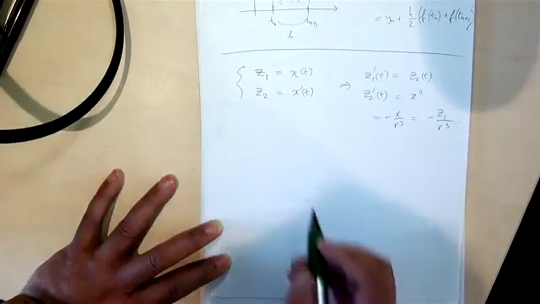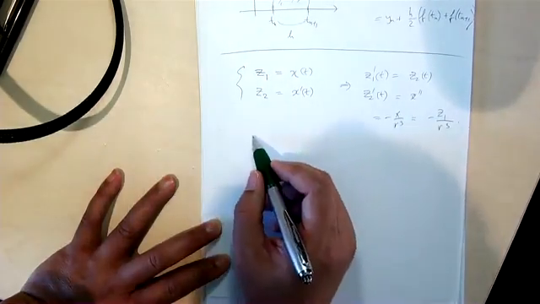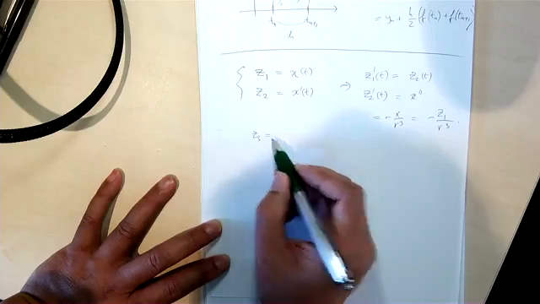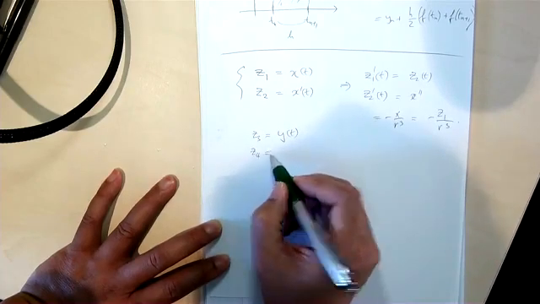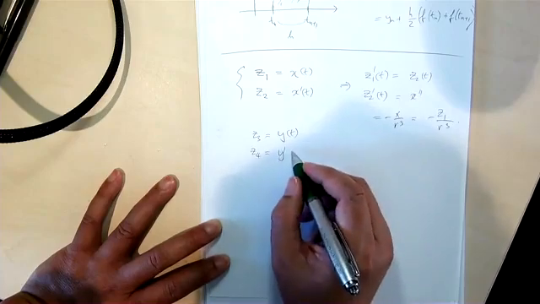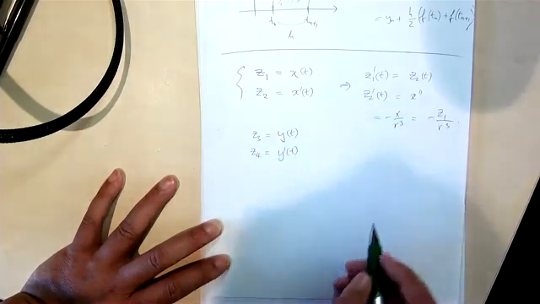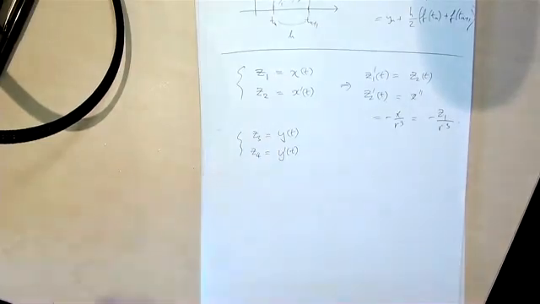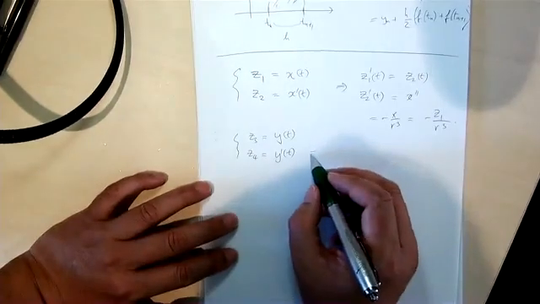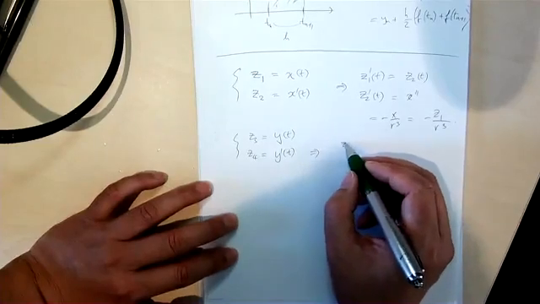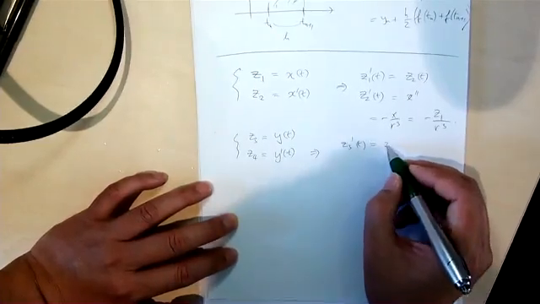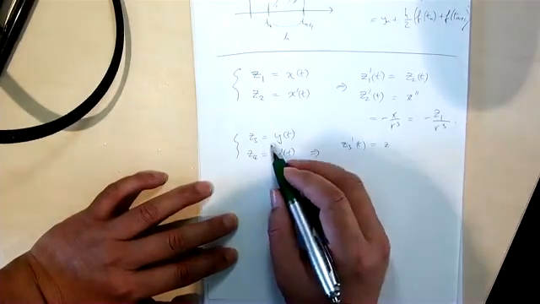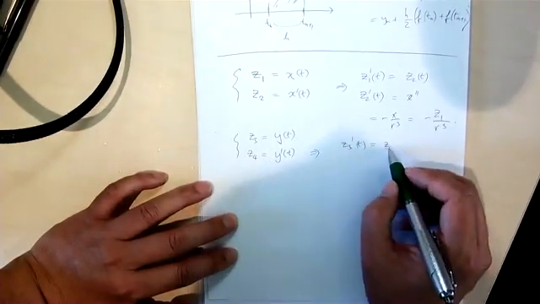And then you do the same for y. So now we have z3 equal y, and z4 equal y prime. Then z3 prime equals z4, the same trick.